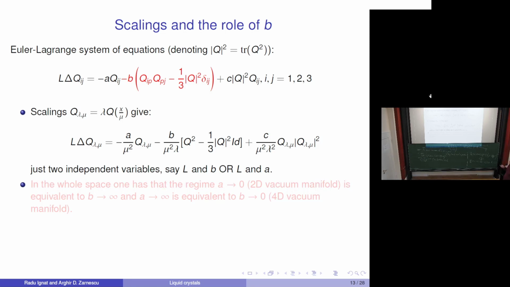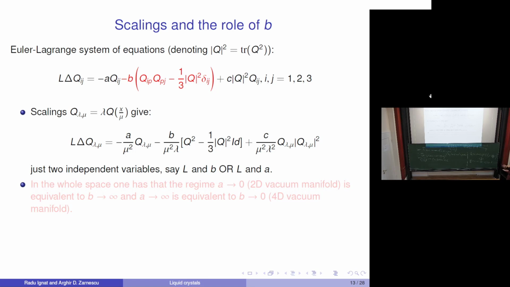In principle, this depends on this elastic constant and then these parameters a, b, and c. But mathematically, you can see that there are just 2 independent constants, and you can do this kind of scaling: multiply Q by a constant lambda, and divide x by mu, and then you just see what happens with this change of variables. You plug it in here, and you get something like this. And then you have these 2 degrees of freedom, lambda and mu, that come from this change of variables.